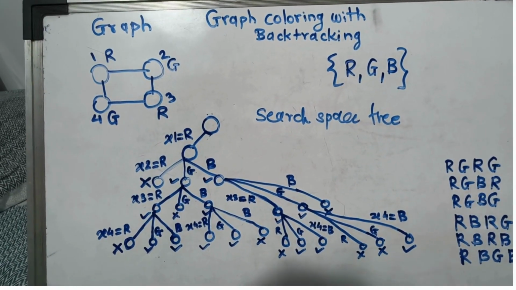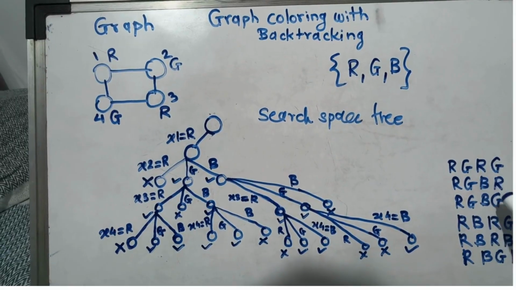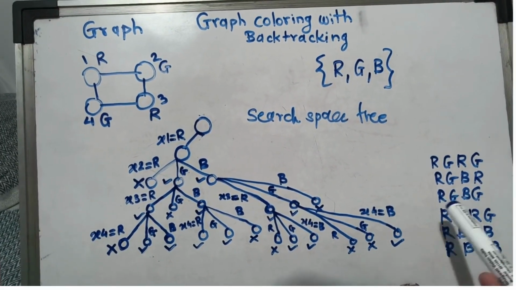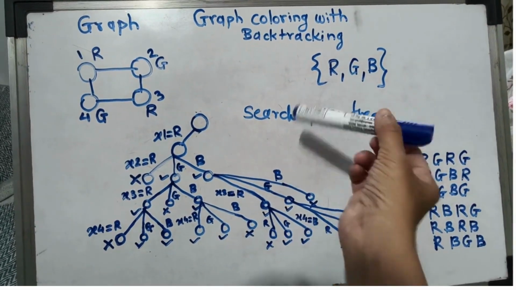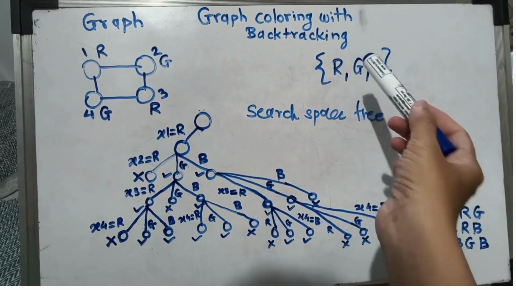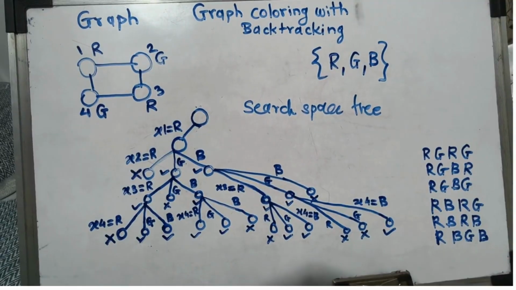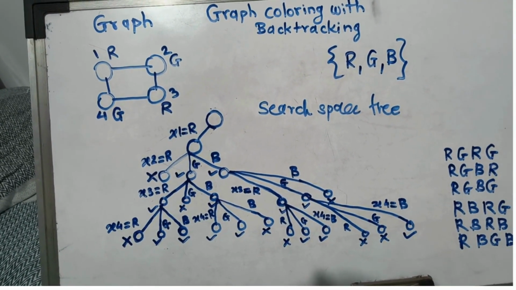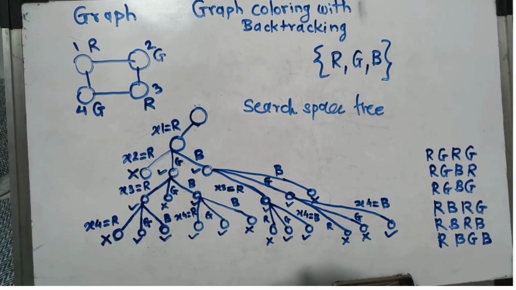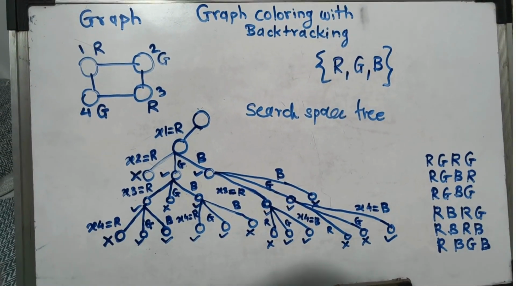In this way we will get all combinations, a total of 6 combinations with this search space tree. In the same way you can calculate for green and blue color also. Then again you will get different combinations for coloring this graph. So this is the concept of coloring a graph with backtracking.